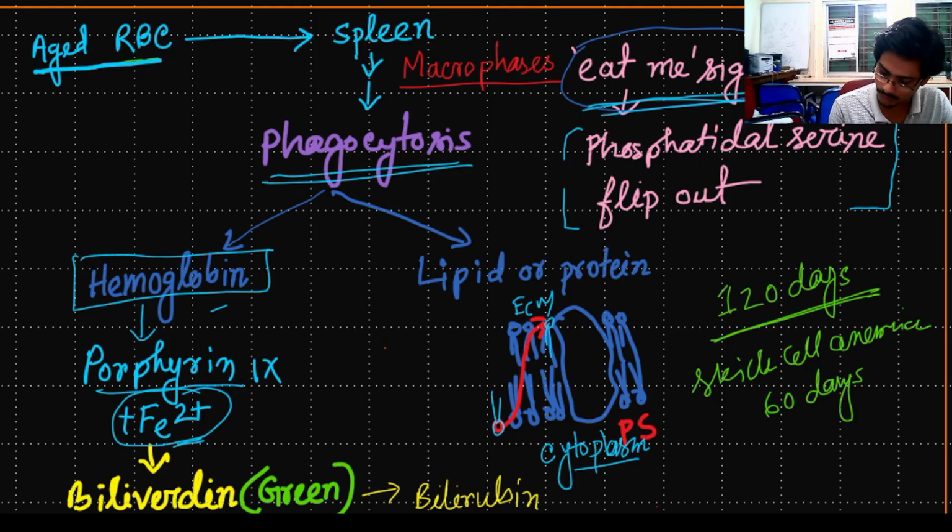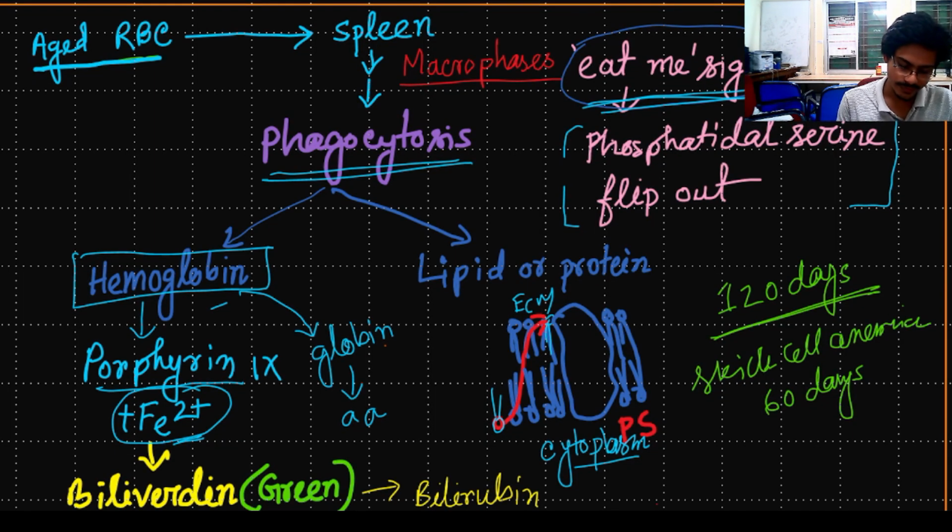Another thing that happens: the globin protein is there, and globin is broken down to amino acids. The porphyrin ring is converted into biliverdin.